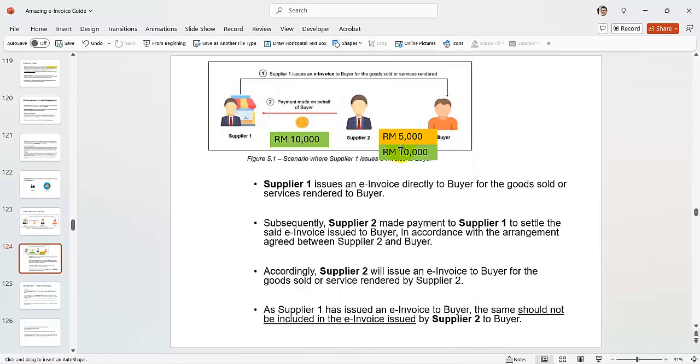This shouldn't be included. Otherwise, this will be a duplicate already, because here there is already an e-invoice. That means the buyer already recognizes that this is an expense to the buyer, and this would be the same one another time. So this shouldn't be there.